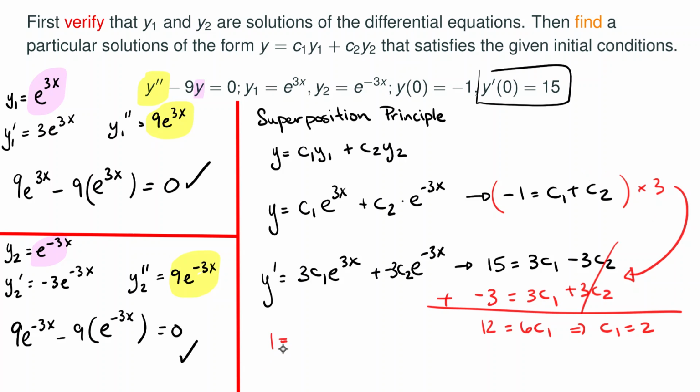Negative 1 equals 2 plus c2. That tells us c2 needs to be equal to negative 3. So our equation should be y equals 2e to the 3x minus 3e to the negative 3x.